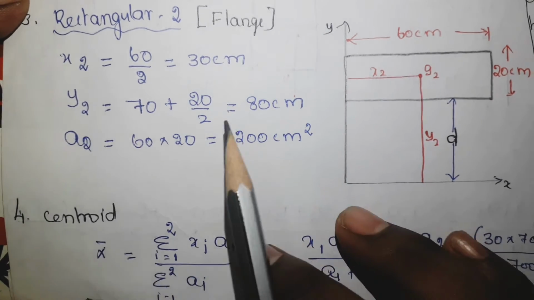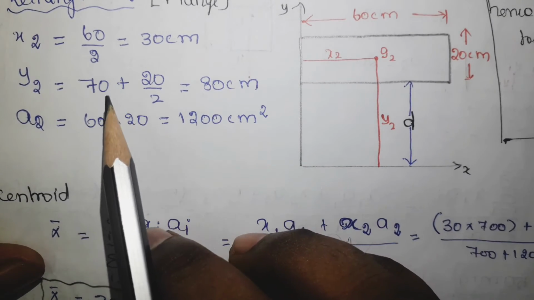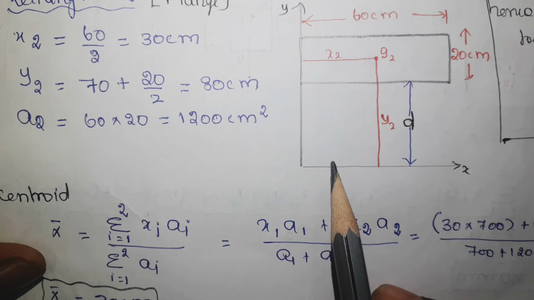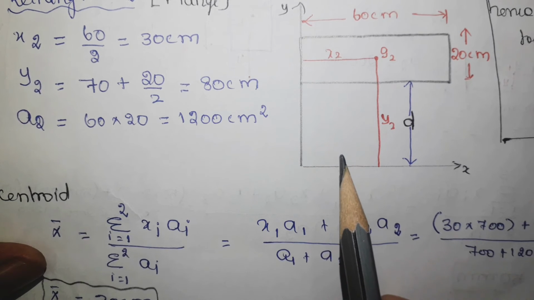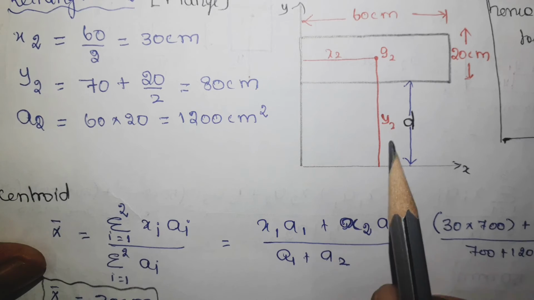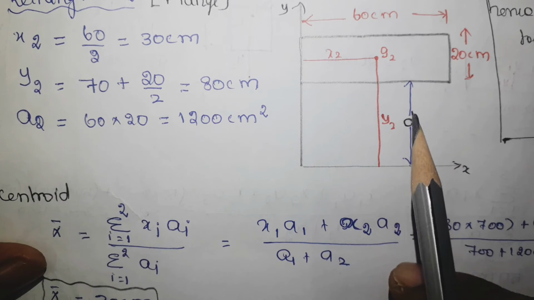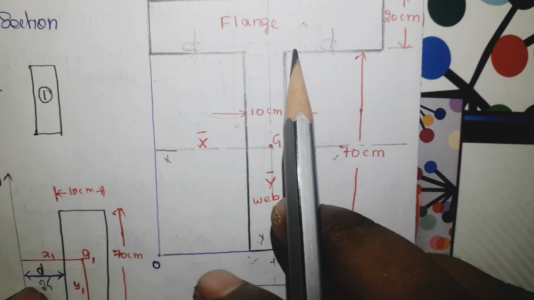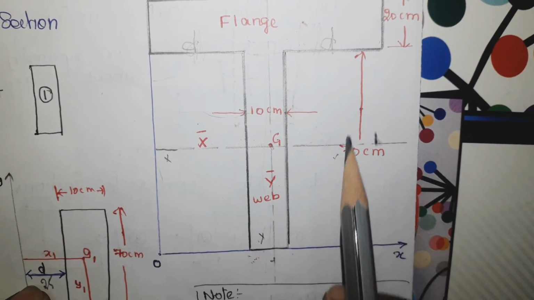Then y2. Here you have to add the 70, because this rectangle is not in contact with the x axis, it is away from the x axis by this distance. This distance is nothing but 70 centimeter.